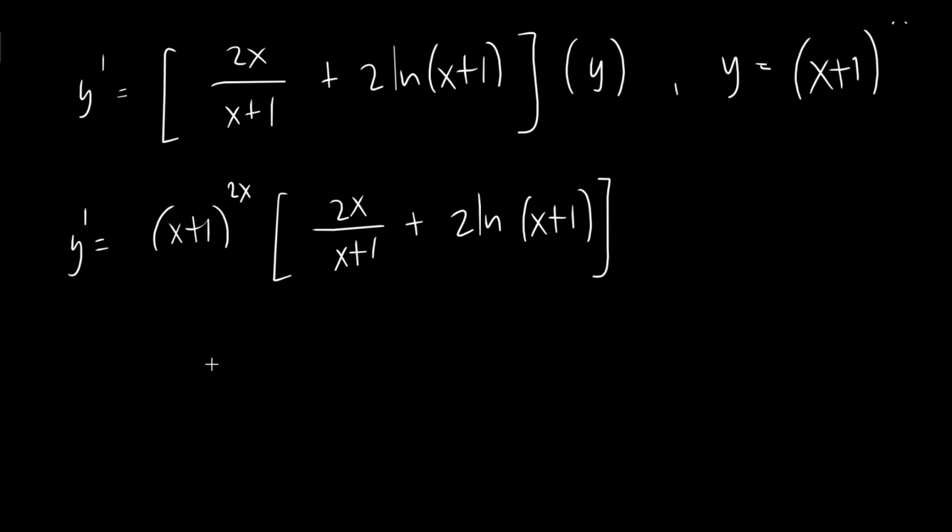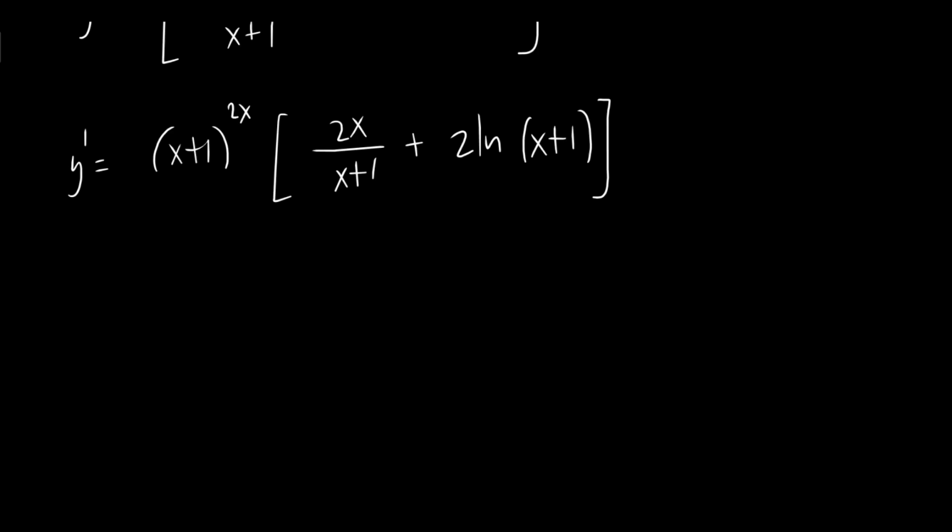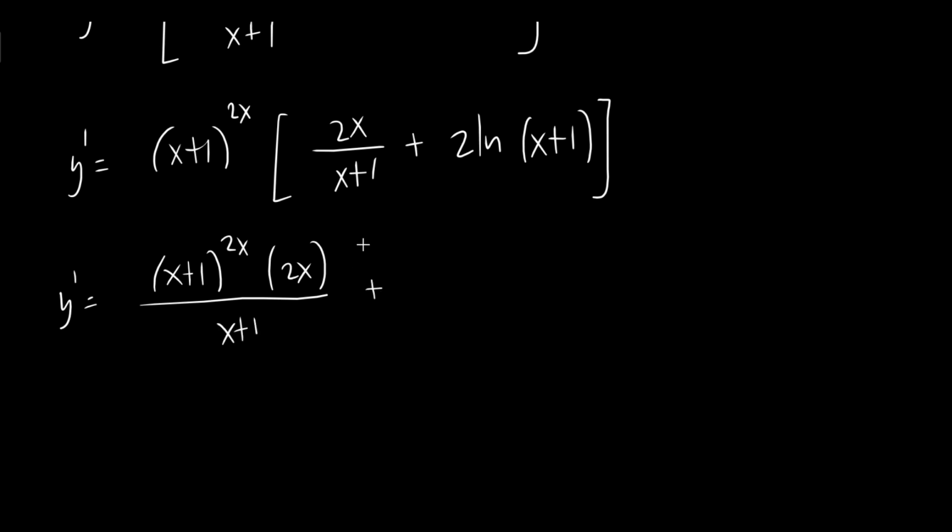So we will distribute. We have y prime is equal to (x + 1) raised to the power of 2x times 2x all over x + 1, plus... we'll just combine these two terms first.